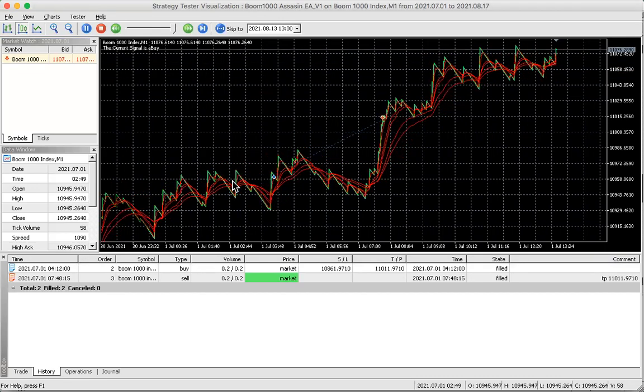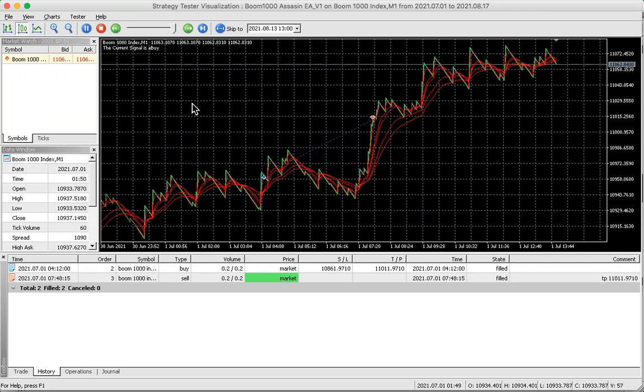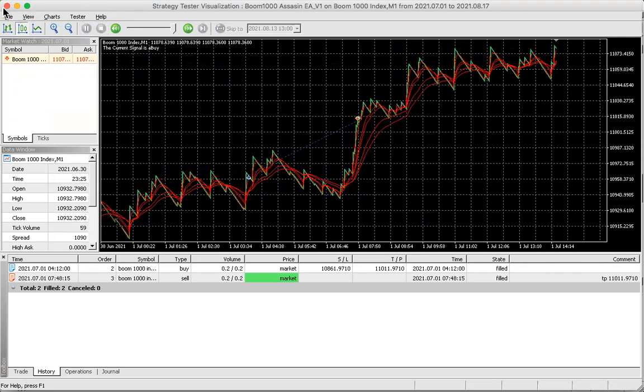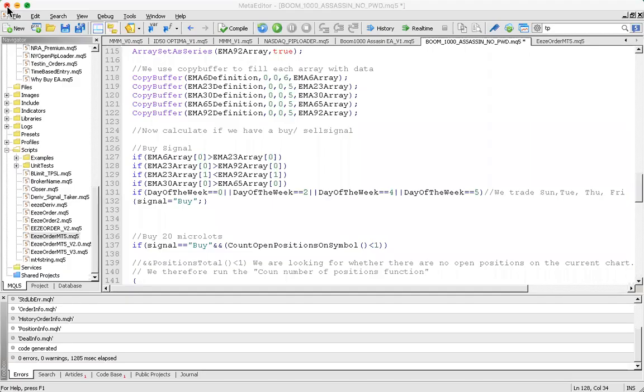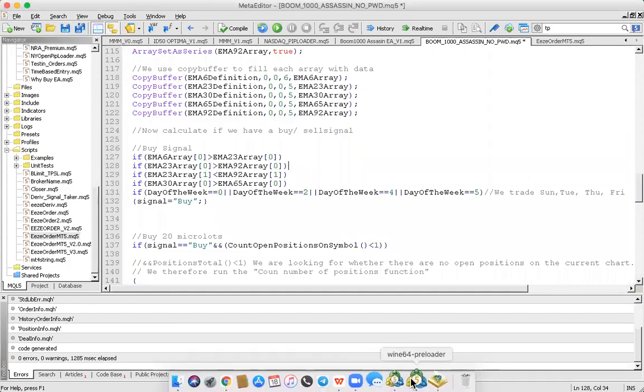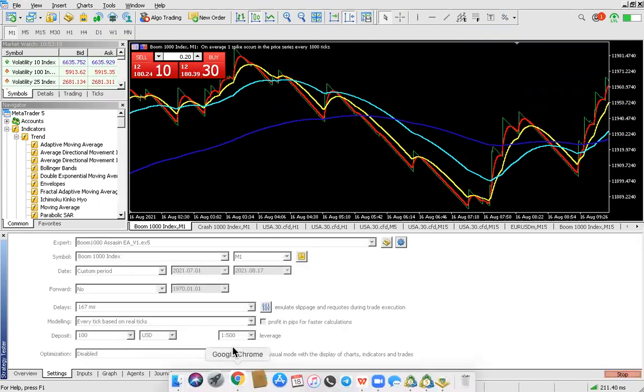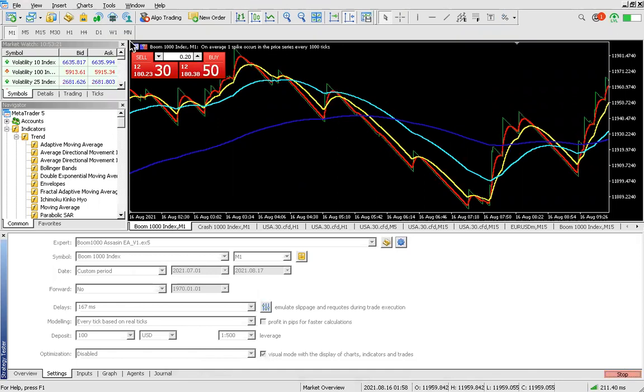Let me stop it and start it again, so that you can see the first trade that it took and how that trade went. I'm going to slow it down a bit. So start, then let me slow this down.